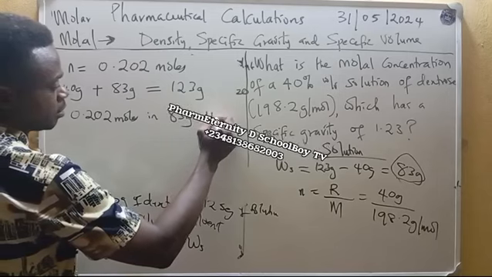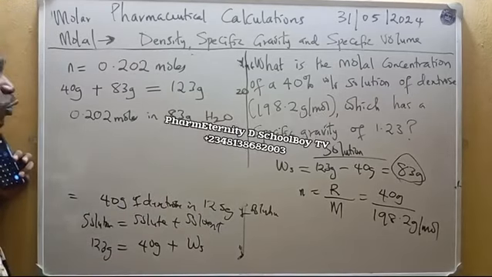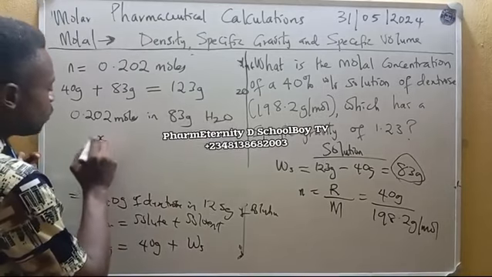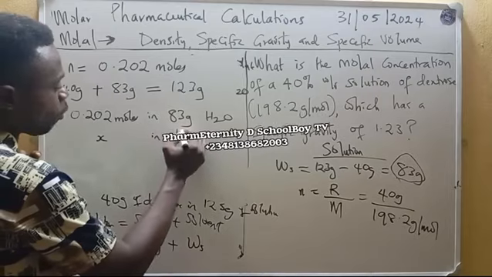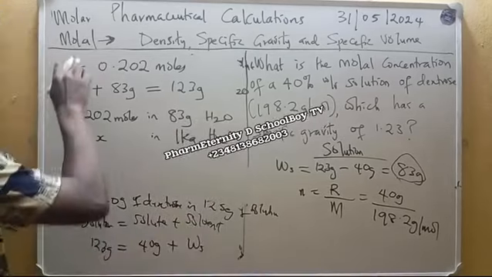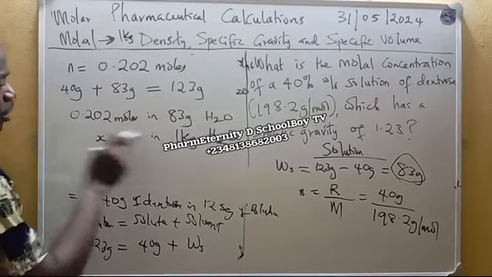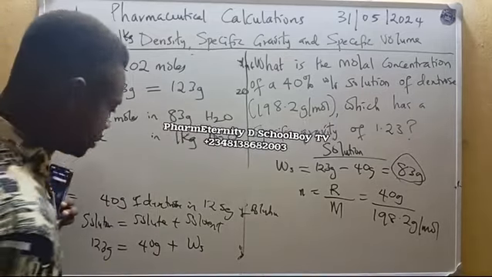Water. That's what happened. We are told to find how many moles of this will be in 1 kilogram of water, the solvent. Remember what I said, that this has to do with 1 kilogram of the solvent. How many of this will be in 1 kilogram of the solvent?